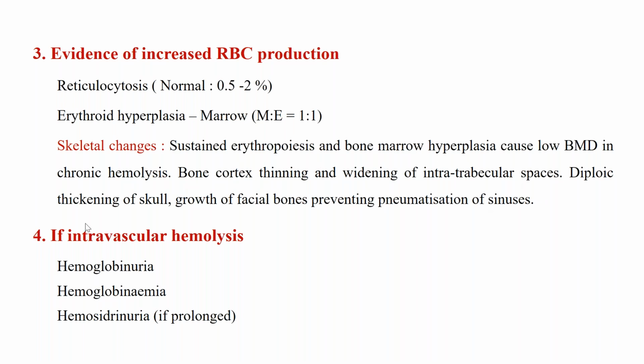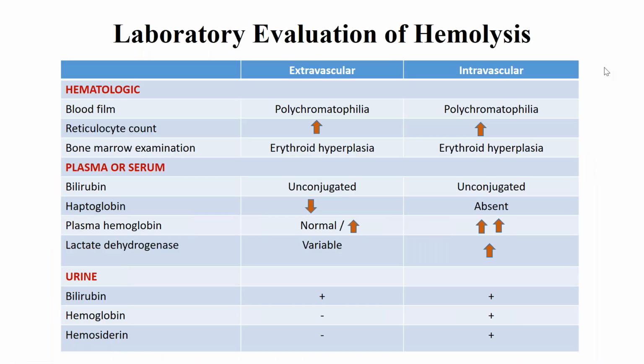Okay, and if there is intravascular hemolysis, as we have discussed before, there is hemoglobinemia, there is hemoglobinuria, and hemosiderinuria if this persists for too long. This is just a tabular picturization of what we have already told you.